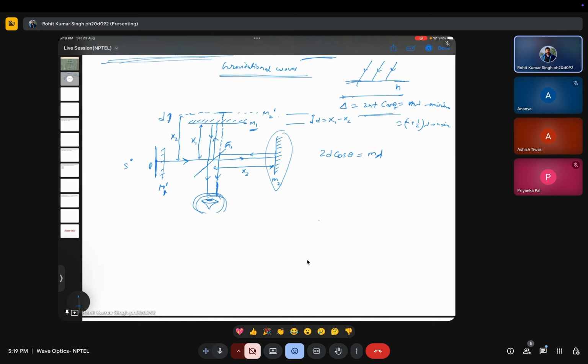So let me draw the picture that you see in all the books. This is your first mirror M1, and there is a second mirror M2, and they are separated by distance d. This one is basically M2 prime, and you are looking perpendicularly from here.